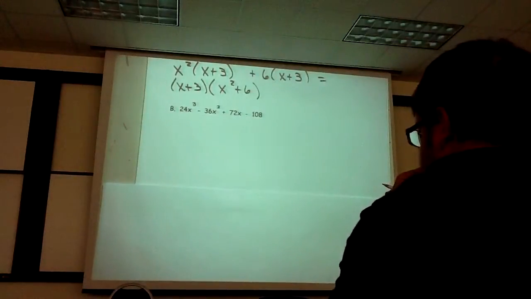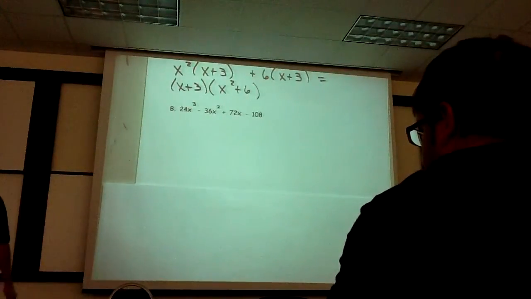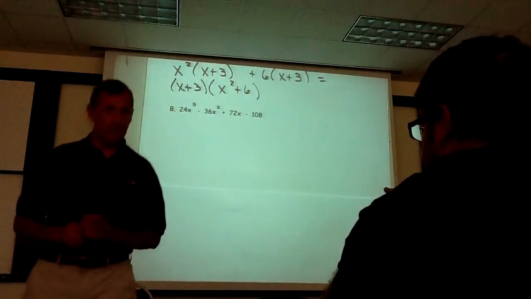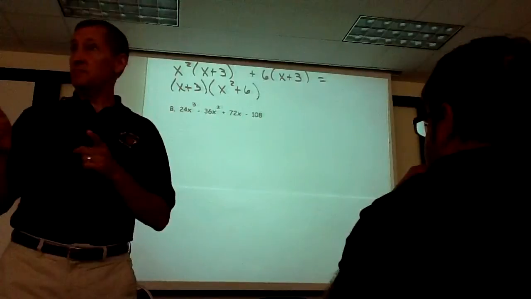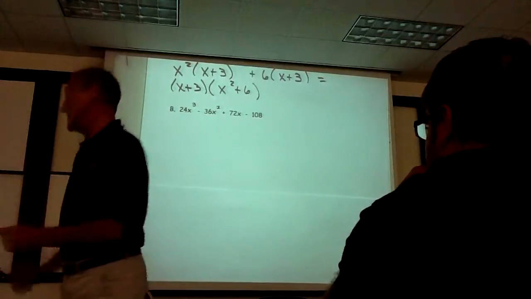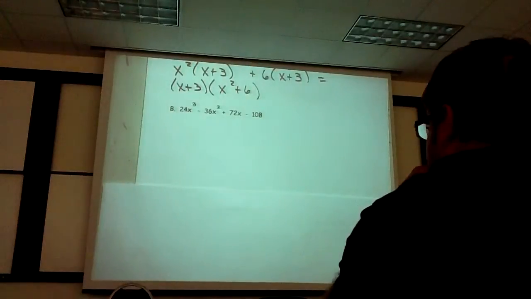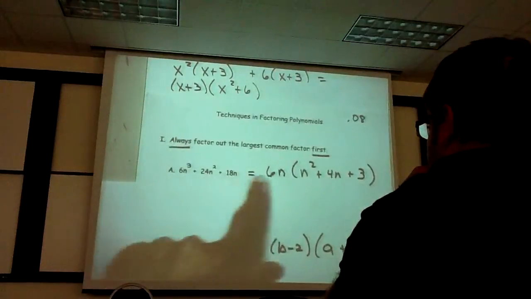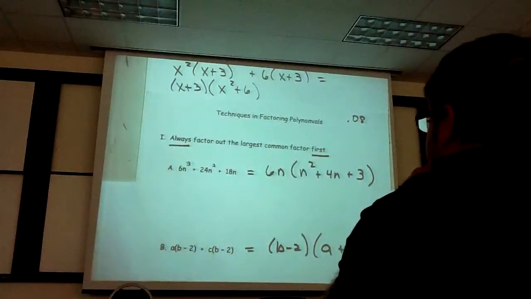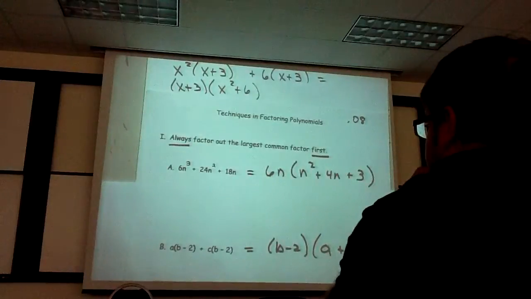If you just were presented with this, and the instructions are factor, anybody got a good first step? Good first step. What's your name? All multiples of 12. Did you notice that? All those numbers are multiples of 12. Did we not say just shortly ago that the first thing I always try is to take out a common factor?